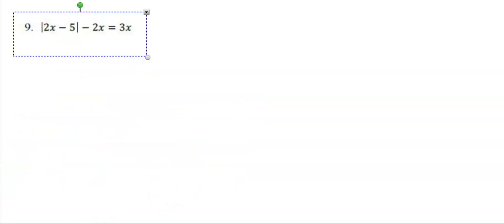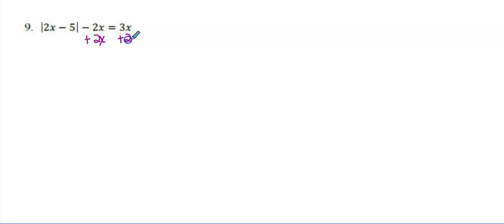Number 9. Let's isolate what's in the absolute value symbol. Let's add 2x on both sides. Absolute value of 2x minus 5 equals 5x. Now I can take it out of the bars.